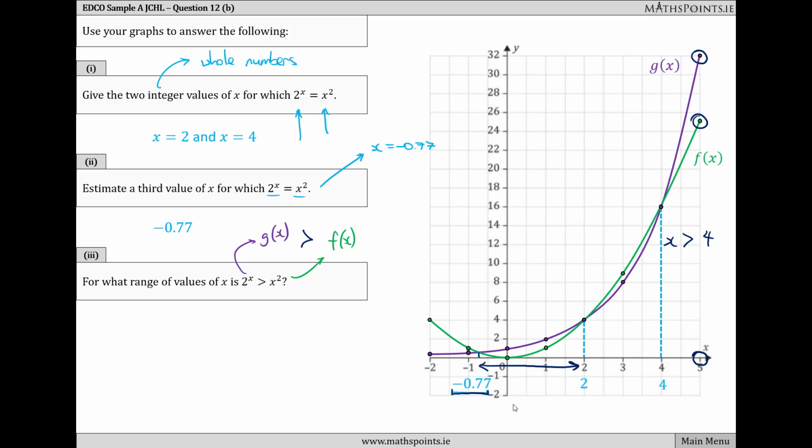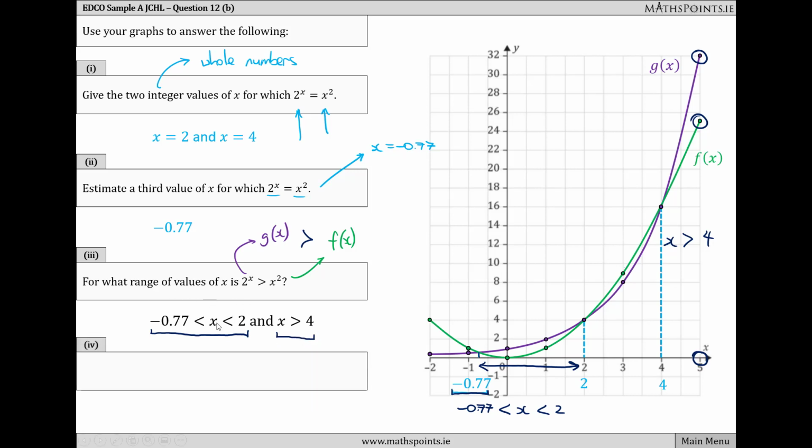And so the way that we write that is, we say that if x is between -0.77 and 2, we'll have g of x greater than f of x. So the two sets of solutions are -0.77 less than x less than 2, and when x is greater than 4.